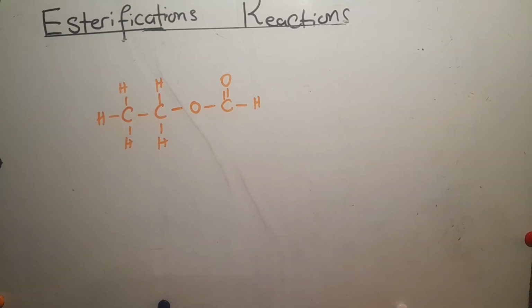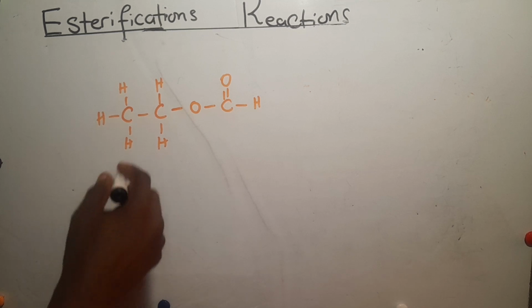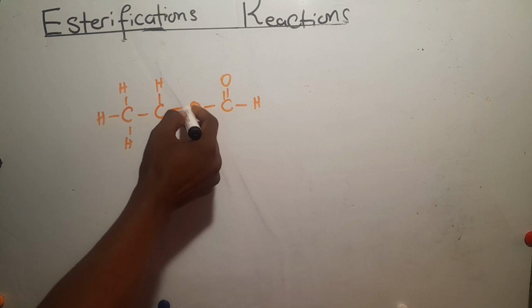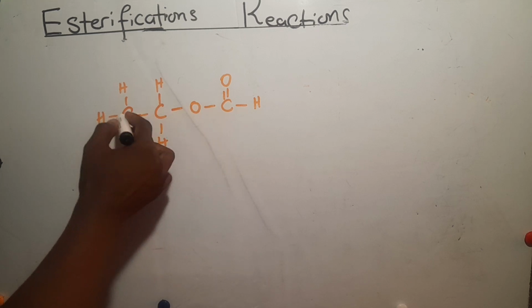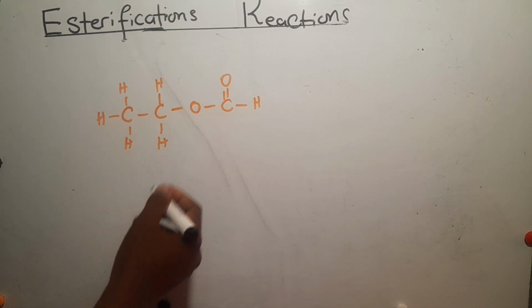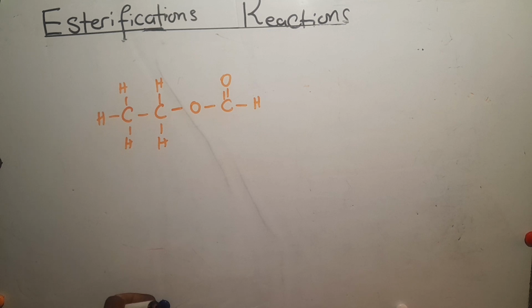So also you can be given an ester like that, and they can say name this ester and also identify which carboxylic acid and which alcohol was used, right? So to name this, obviously we first have to identify what was used. We can see that this O is close to these 2 carbons, so this O is definitely coming from the alcohol.